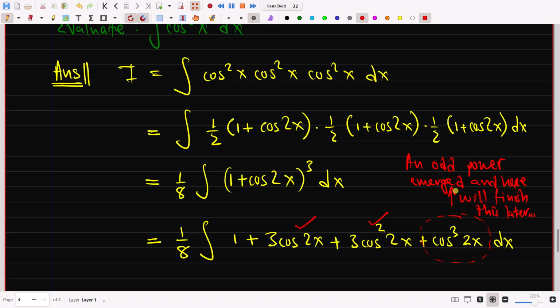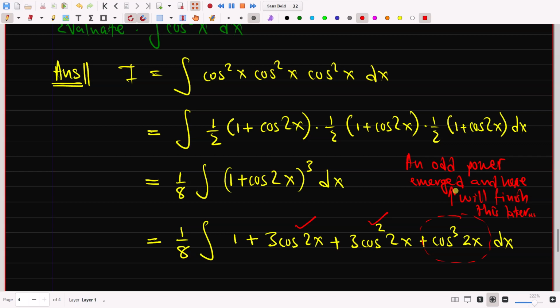But at least you must be getting the idea as to how we approach what we call these even powers of cos theta and sin theta. So because of that odd power, we'll just put this on hold a bit. And then maybe let's look at another different example to cover for this.